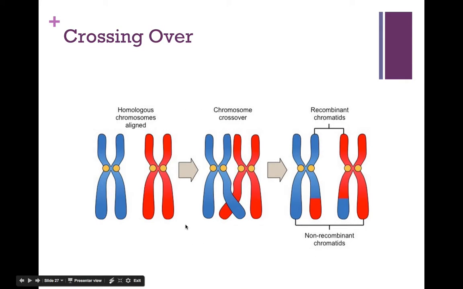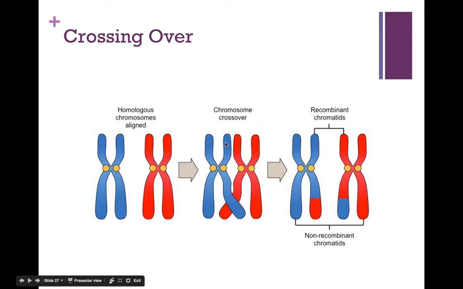So the chromosome pairs, the homologous chromosomes, have lined up next to each other. We've got 1 chromosome with the centromeres here. And when they line up together, they cross over, literally cross the segments of their DNA over and exchange those DNA segments.